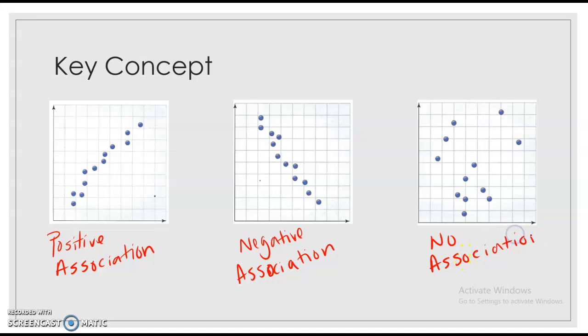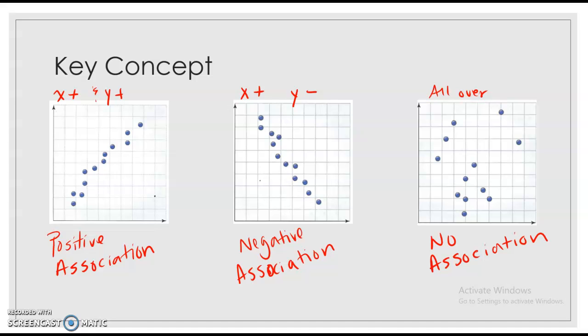Again, I call these correlations, but in case it helps, if x increases and y increases, that's the positive. If x increases, y decreases, that's negative, and then just all over is none. That's one way to remember each of our associations.